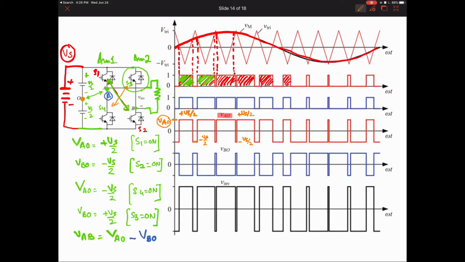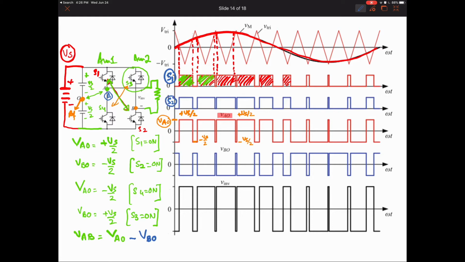Now we sketch the pole voltage VB0, the voltage at this point with respect to this center point, our reference. How to get that? First of all, you will have to look at the gate pulses. This set of gate pulses was applied to switch S1 and switch S2.